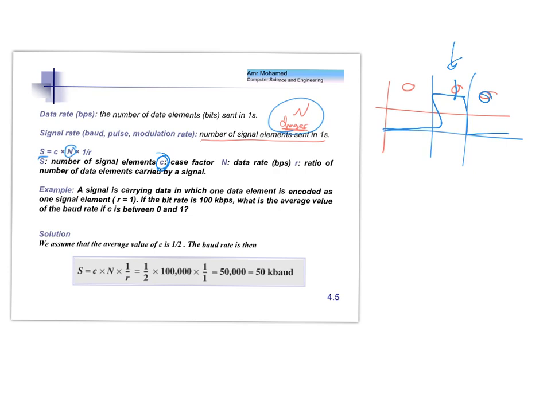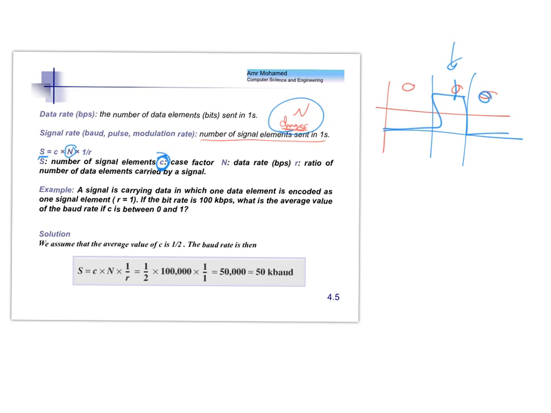Even if N is fixed and R is fixed, the signal rate depends on what these bits are. If it's 000, it's different from 010, which is different from 111. So you have to try all the different combinations of these bits and calculate the average for all these cases. That's what this C will give you: the average signal rate based on all the possible combinations of these bits.